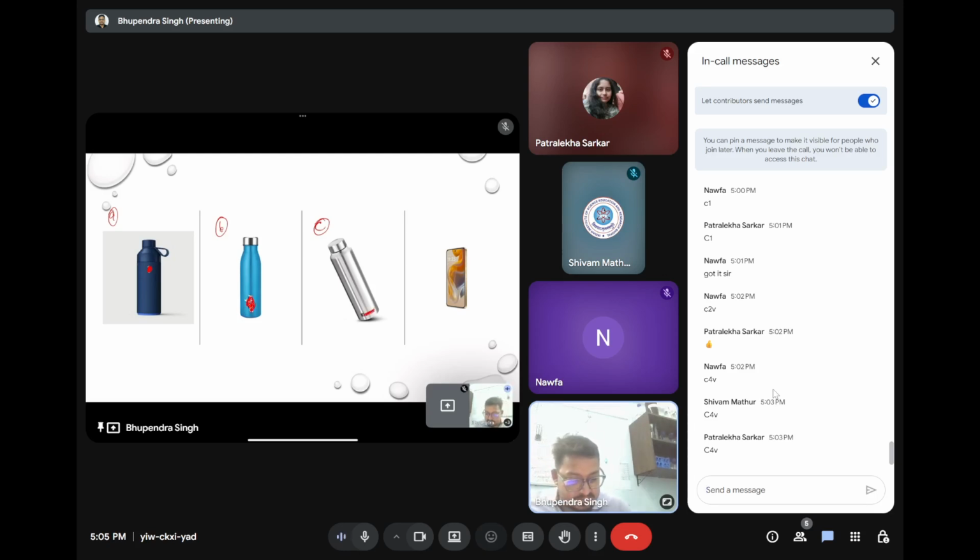Now tell me the point group of each bottle A, B, C. First, try to find out the point group of A.